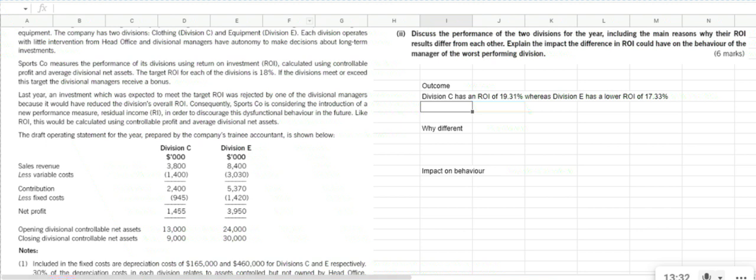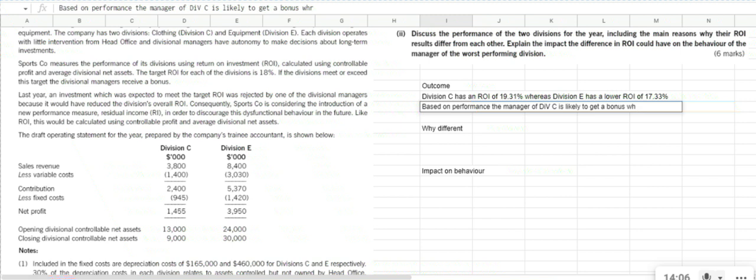So based on this, what we can say is, based on performance, the manager of division C is likely to get a bonus, whereas the manager of division E will not.